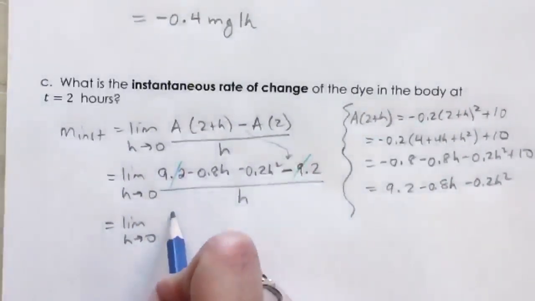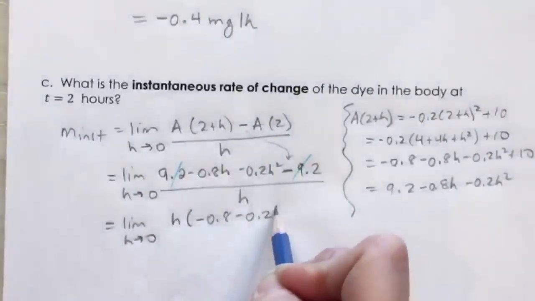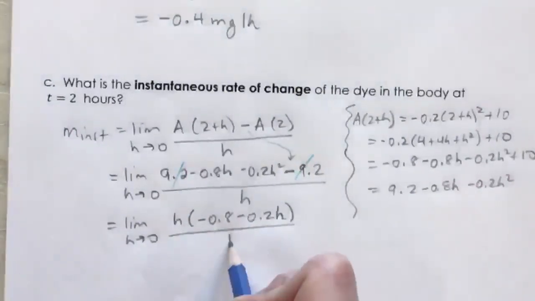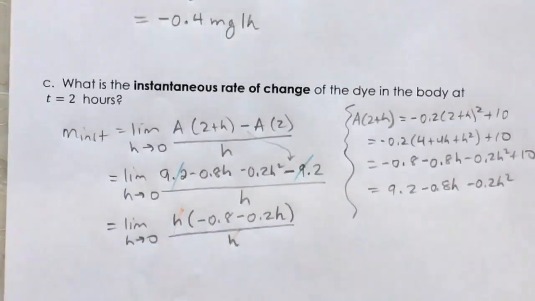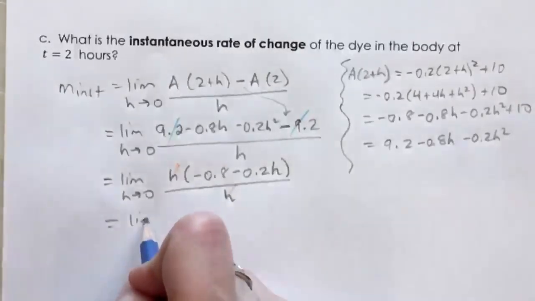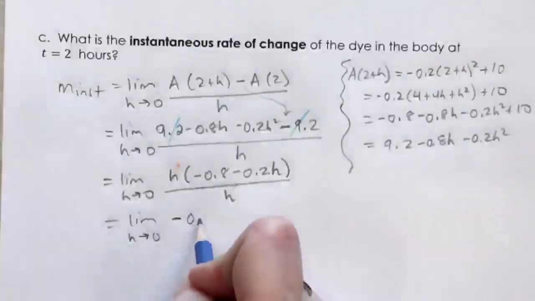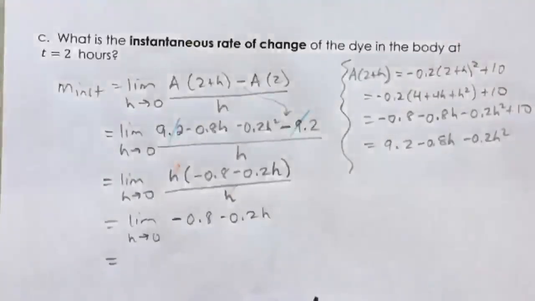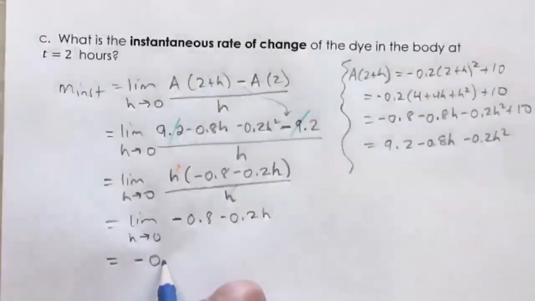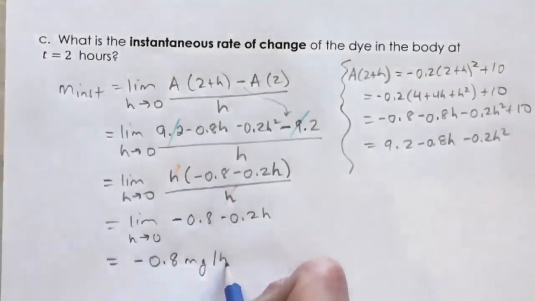We can factor out the h in the numerator now, and then divide out our h's. So our problematic h divides out. So we're just left with the limit as h approaches 0 of -0.8 - 0.2h. Safe to let h approach 0, and we end up with -0.8 units again, milligrams per hour.